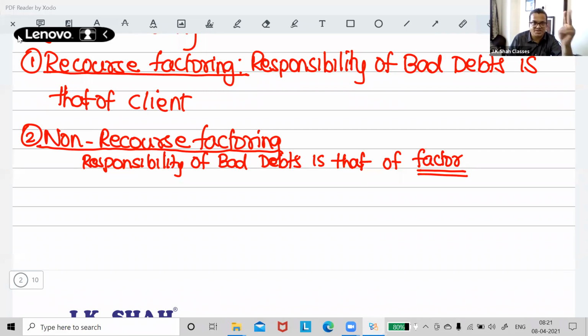People are like, sir, sir, sir. Not sure. After you're saying one, you meant to say non-recourse. Sorry, you meant to say recourse. Many are confused, asking, sir, give the third option. No, can't say.